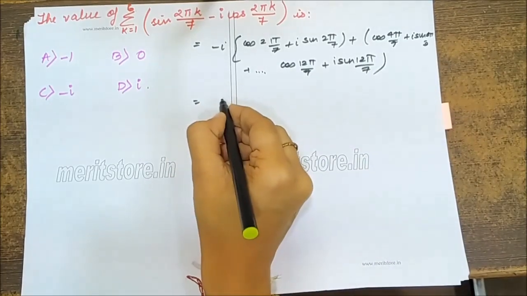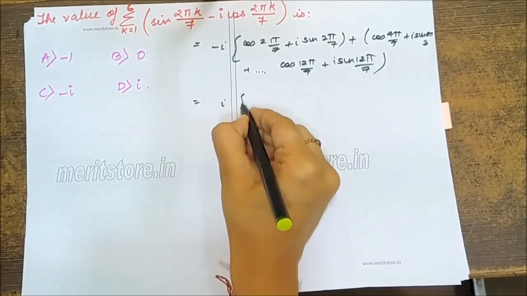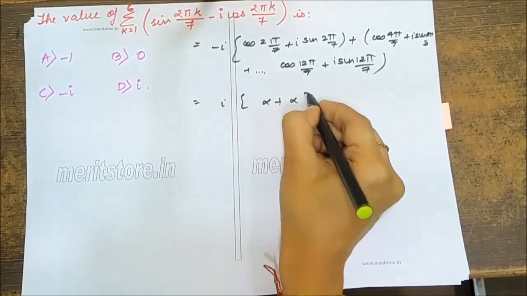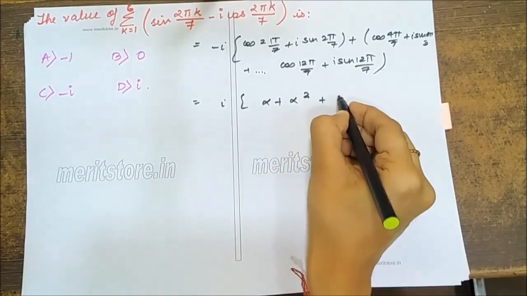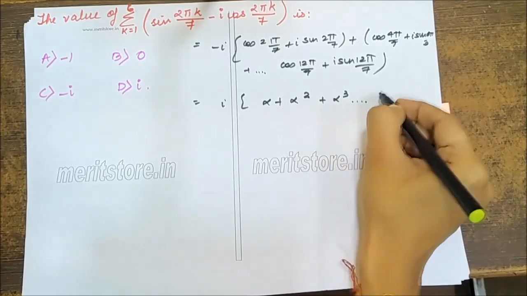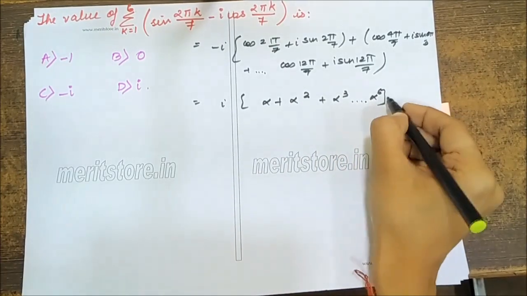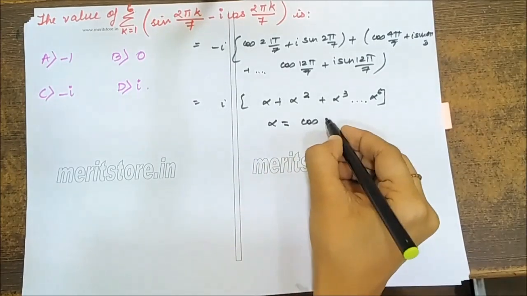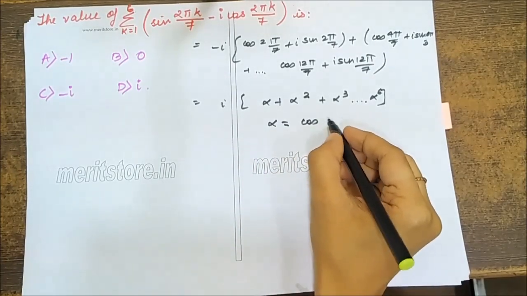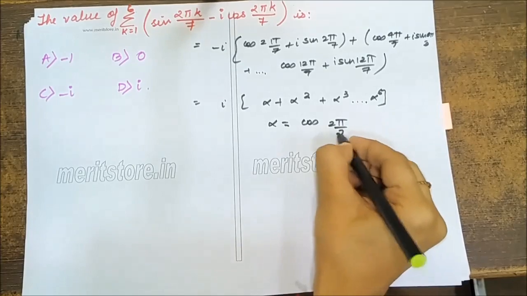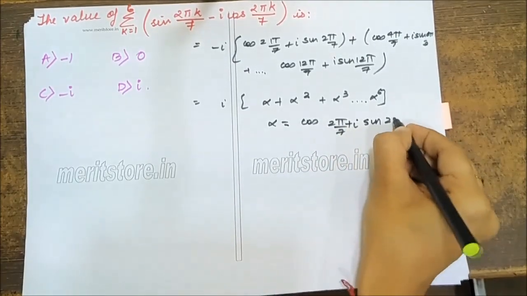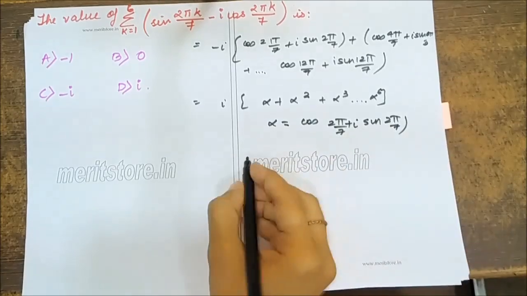Now here this is your alpha, this is your alpha square, alpha cube and so on till the extent of alpha 6, because alpha is equal to cos theta plus I sine theta, so cos of 2 pi plus I sine 2 pi by 7.